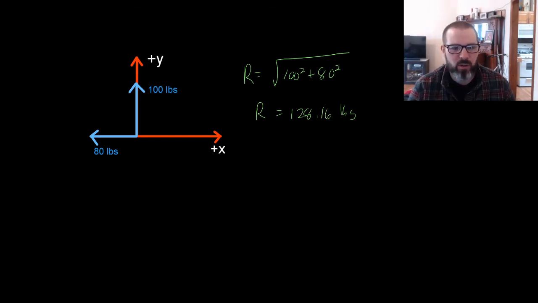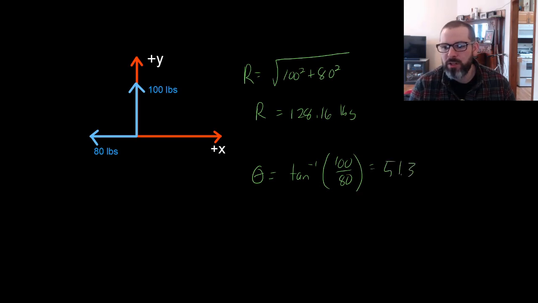And we can find our angle by saying theta is equal to the inverse tangent of 100 over 80, which is 51.3 degrees. So our resultant force is acting in this direction. It has a magnitude of 128.16 pounds and an angle of 51.3 degrees.